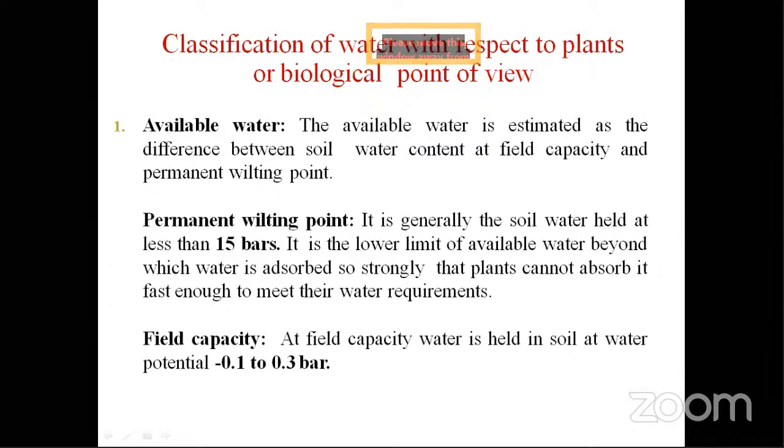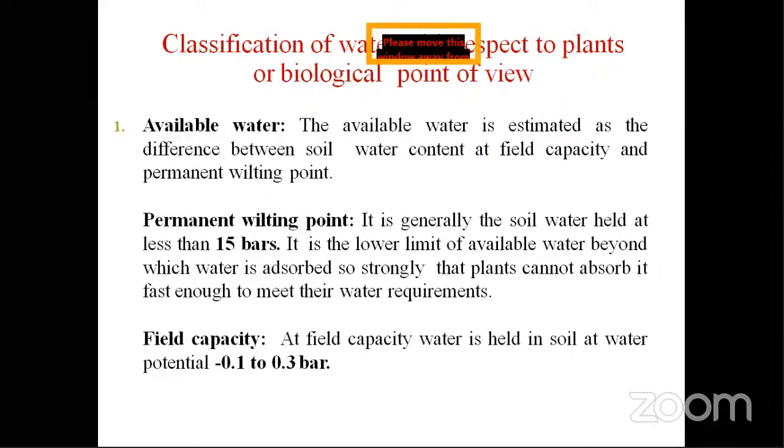Here we can see classification of water in terms of biological point of view. It is divided into two types. First one is available water and next one is unavailable water. Available water is the water present between field capacity and permanent wilting point.